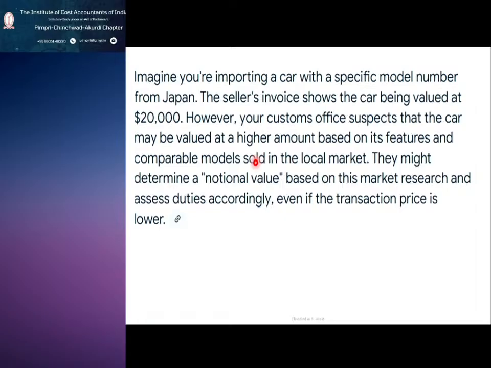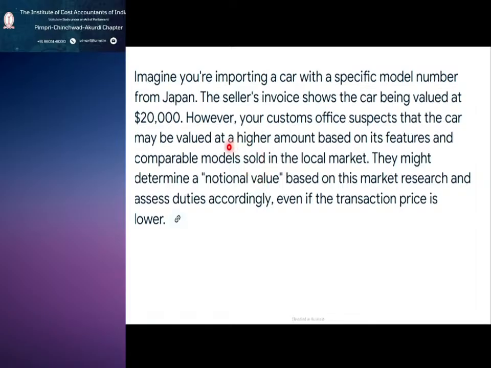So I have imported the car and I am showing them the invoice, it is $20,000, but still the department will not agree based on the brand and the company, the quality and these things. So if they suspect the car may be valued at a higher amount, why am I showing a lesser value? So that I can pay less duty.